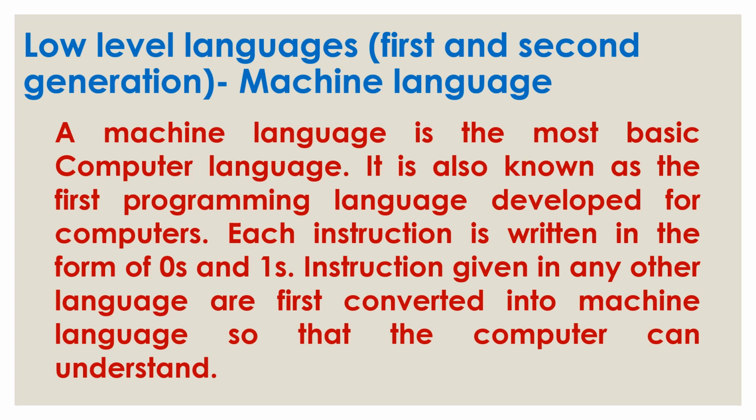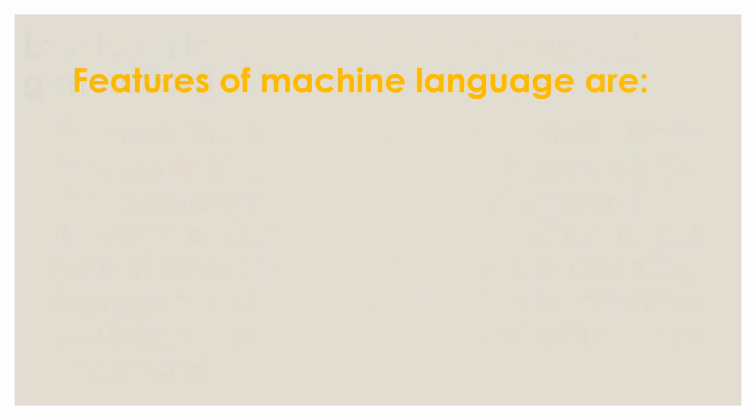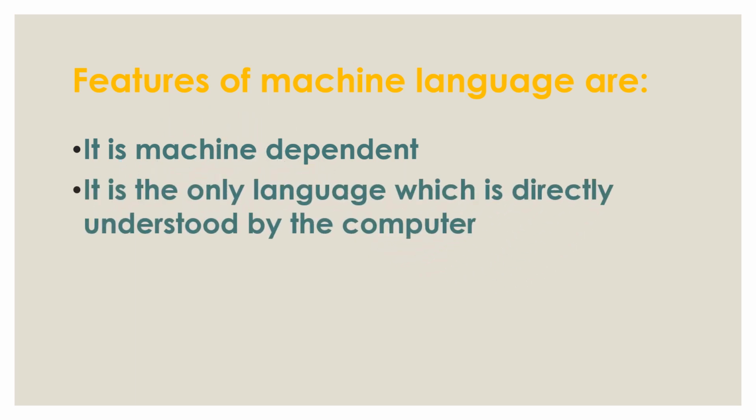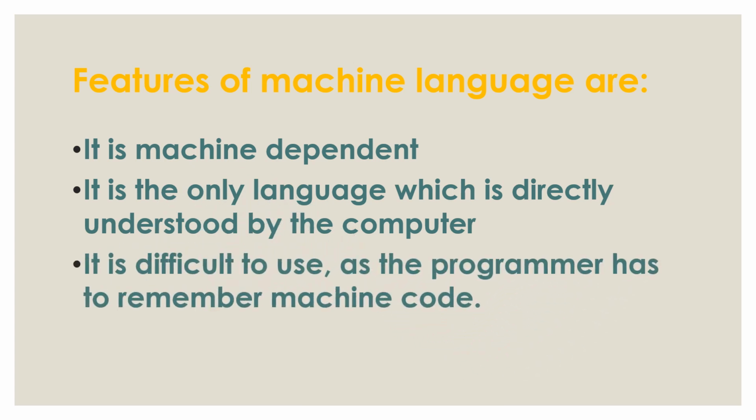Instructions given in any other language are first converted into machine language so that the computer can understand. Features of machine language are: it is machine dependent. It is the only language which is directly understood by the computer. It is difficult to use as the programmer has to remember machine code.